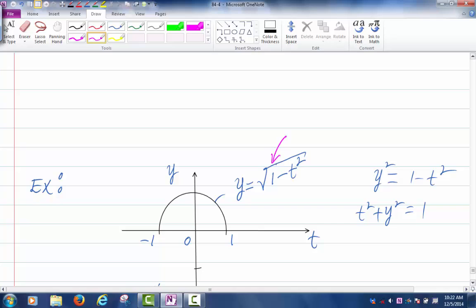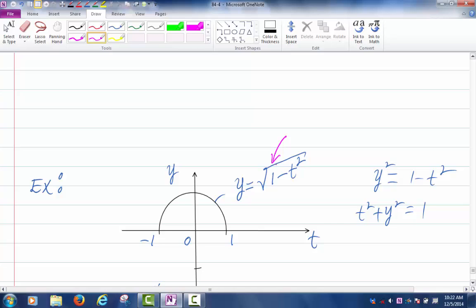Well, if you square both sides, you get y squared equals 1 minus t squared, and that is the equation of the circle of radius 1 centered at the origin, right? But because I have the positive root here, that means I get the upper half of the circle. So the graph of the integrand here is the upper half of the circle.